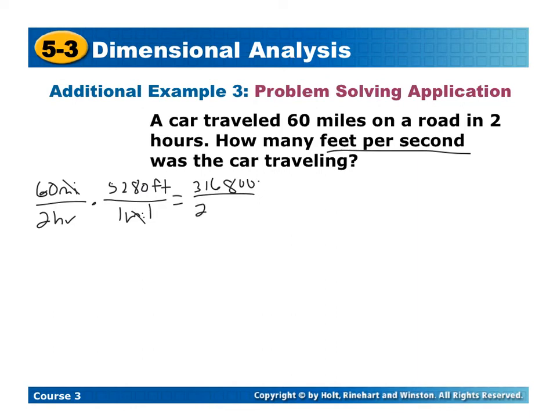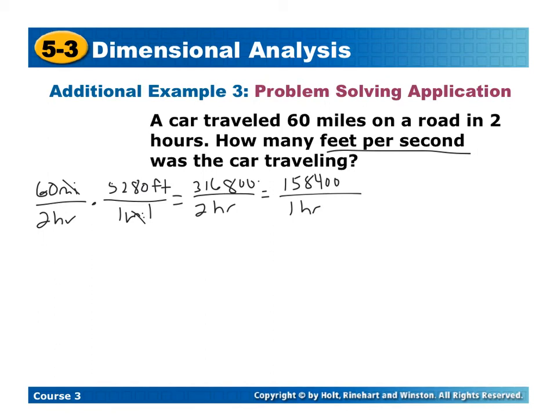feet in 2 hours. So now I'm just going to divide that out so we figure out how much it is per hour. So I'm going to find the unit rate, which is going to be 158,400. And you could have actually done this right away from the beginning and changed it to 30 miles per hour.